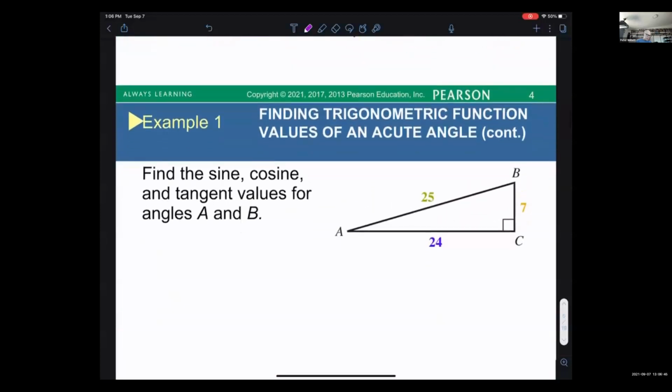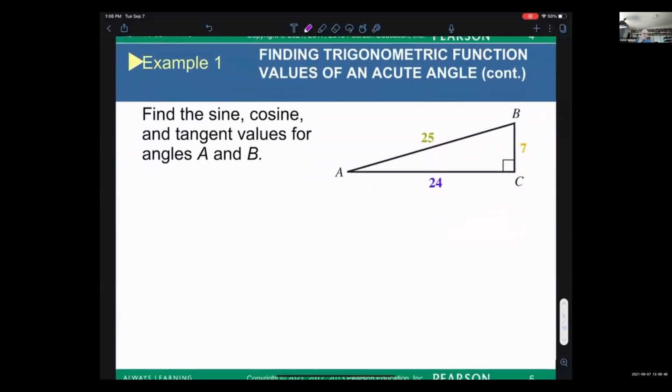is that one of the things we can observe, let's use this empty slide to observe that if I have angle A and I'm realizing that the 7 side is opposite to the A angle. Well, we can also notice that with angle B, the 7 side is adjacent to angle B. So if I'm doing sine of A, opposite over hypotenuse, that's 7/25.